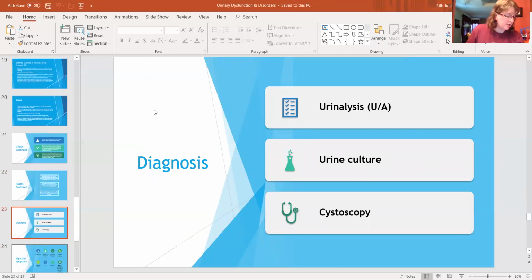So if you think someone has a UTI, some of the things that they typically do, they'll do a UA, but the urine culture is the main thing that's really going to help you figure out if this is what it is. So typically, they have a petri dish, and they put a specimen of this urine on the petri dish, and they see what grows over a certain period of time. So they look at it in 24 hours, 48 hours, and then 72 hours. And then that's going to show what bug this is, and so they'll know exactly how to treat it.